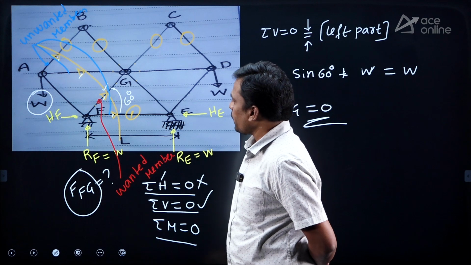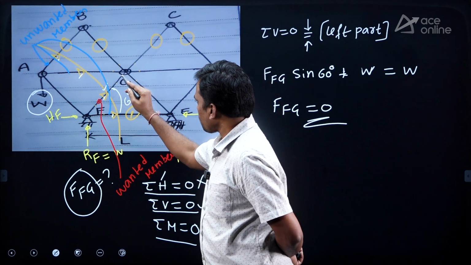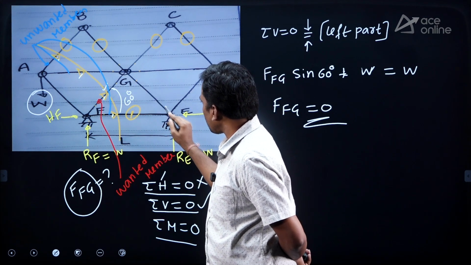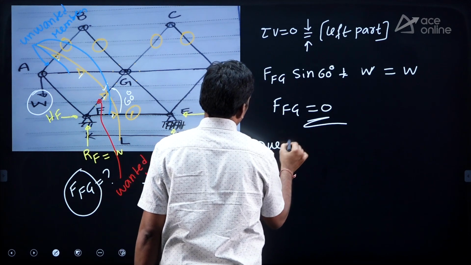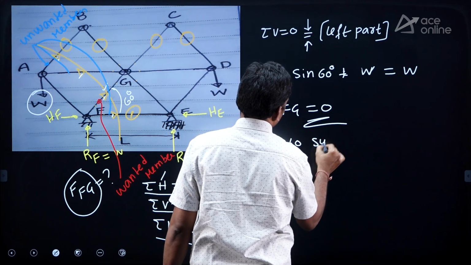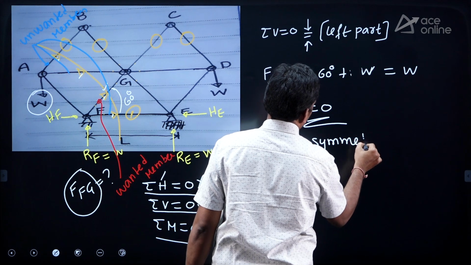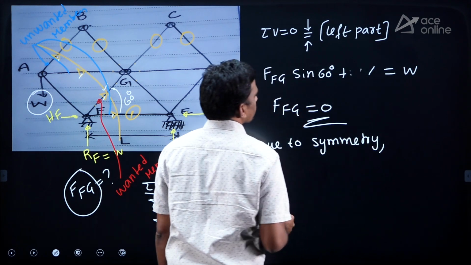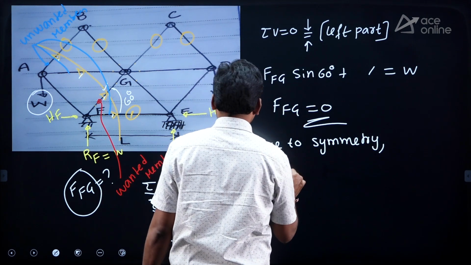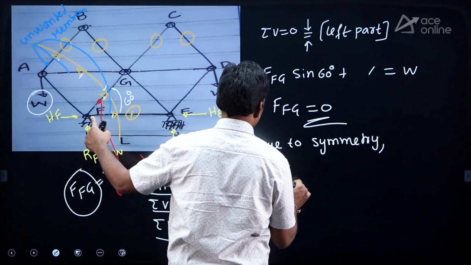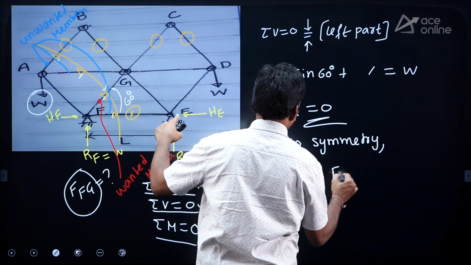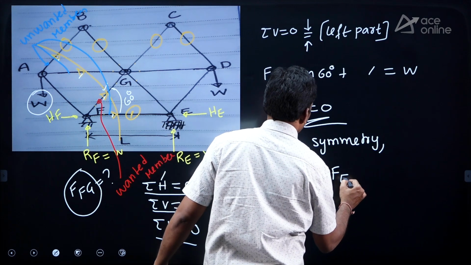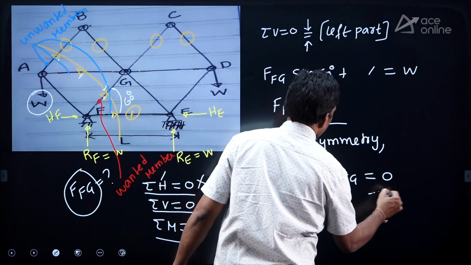Students, because of symmetry, the force in member FG and the force in member EG are both the same, right? Due to symmetry, force in member FG equals 0 and force in member EG equals 0.